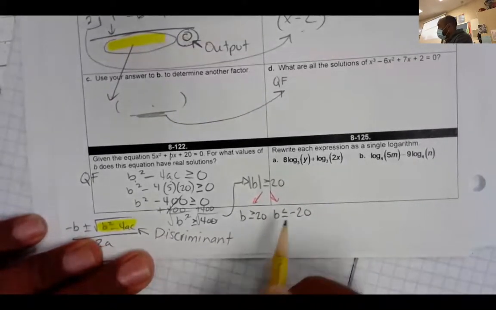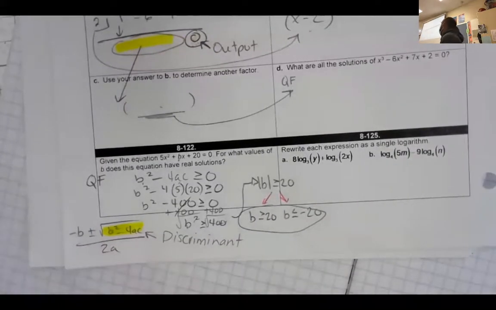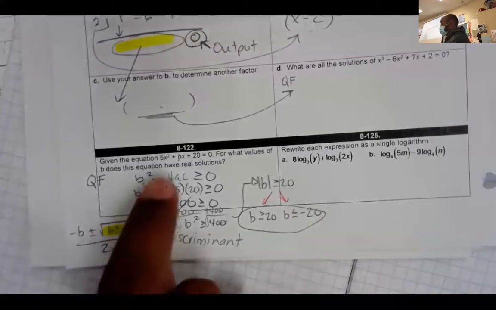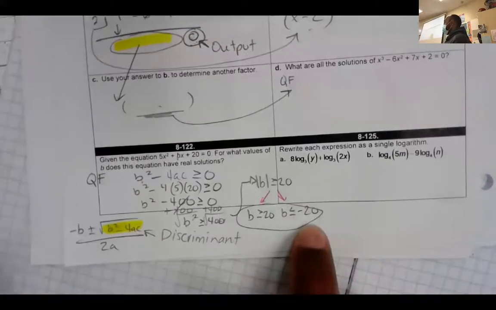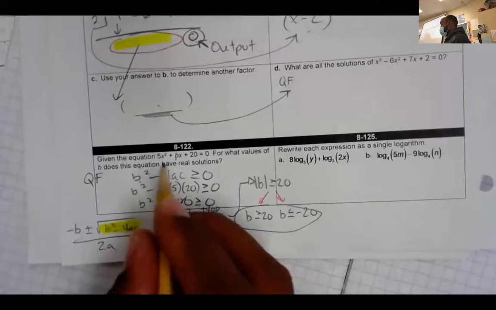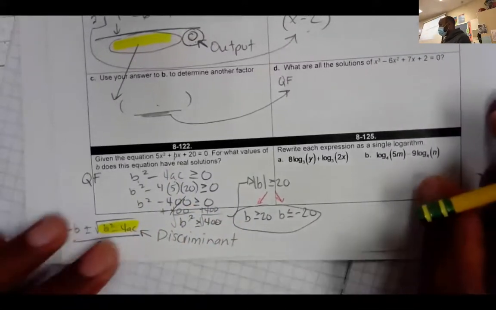So basically, B can be greater than or equal to 20, or it could be less than or equal to negative 20. Any of those numbers would work to make sure that the solution is real, okay?